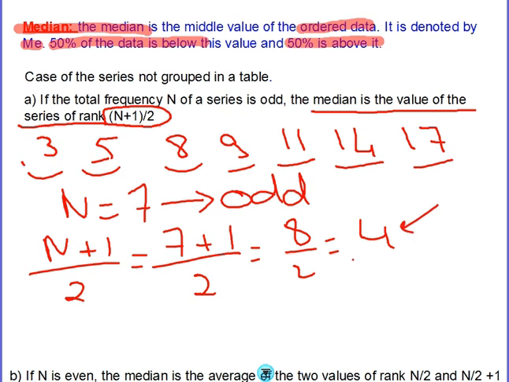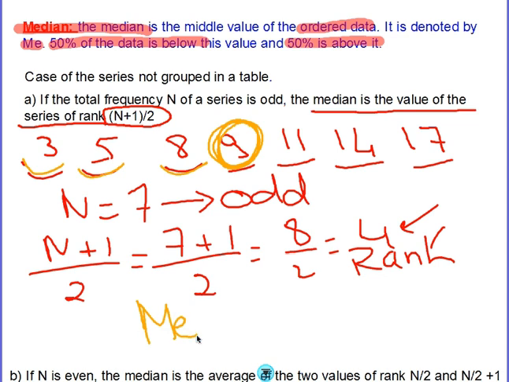The rank is 4, not the median. So you count 4 digits: 1, 2, 3, 4. So the median is 9. Median ME equals 9.